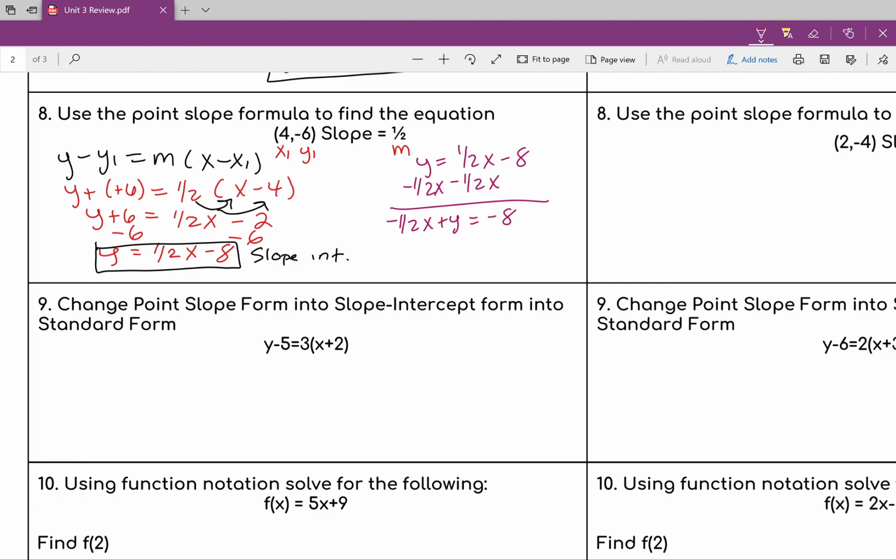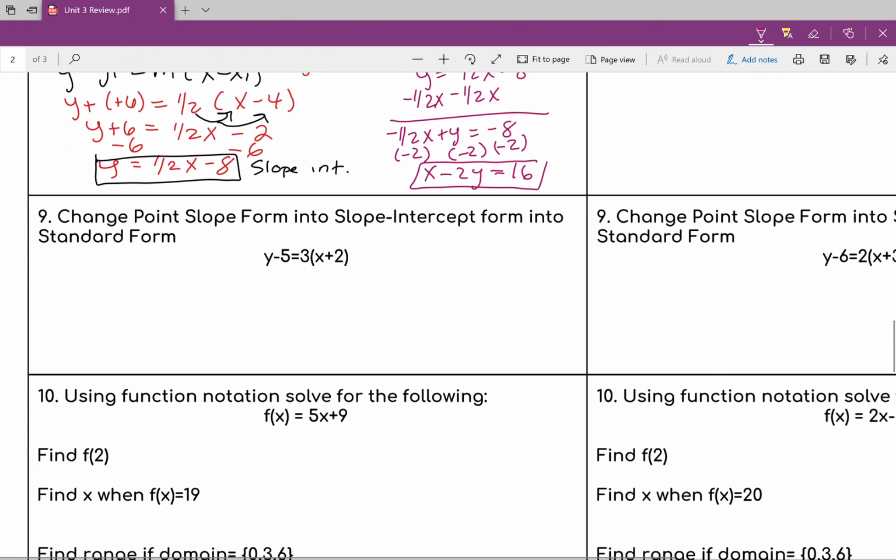So I'm going to have to multiply by the denominator and a negative number. So I'm going to multiply by negative 2 every single one. Okay? So this is going to become x minus 2y equals 16. This is my answer in standard form.